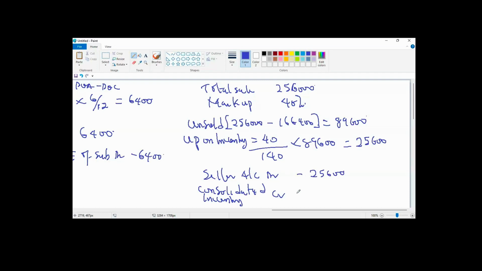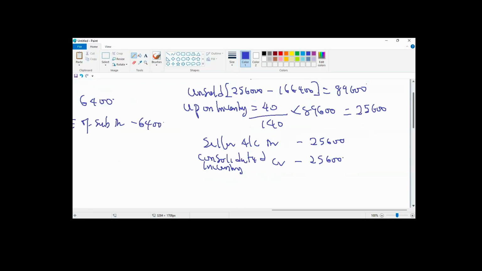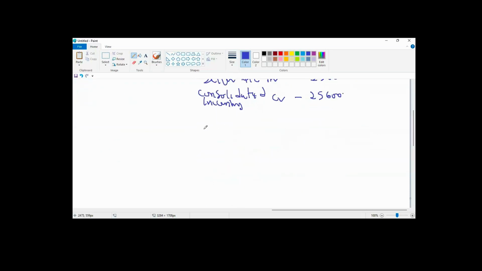Debit is credit consolidated. Who is the seller? Let me check. The subsidiary is the seller, so I will remove it from its account. But for the cost of sales, intragroup sales must be eliminated. You cannot sell to each other, so for the total revenue, debit minus 256.